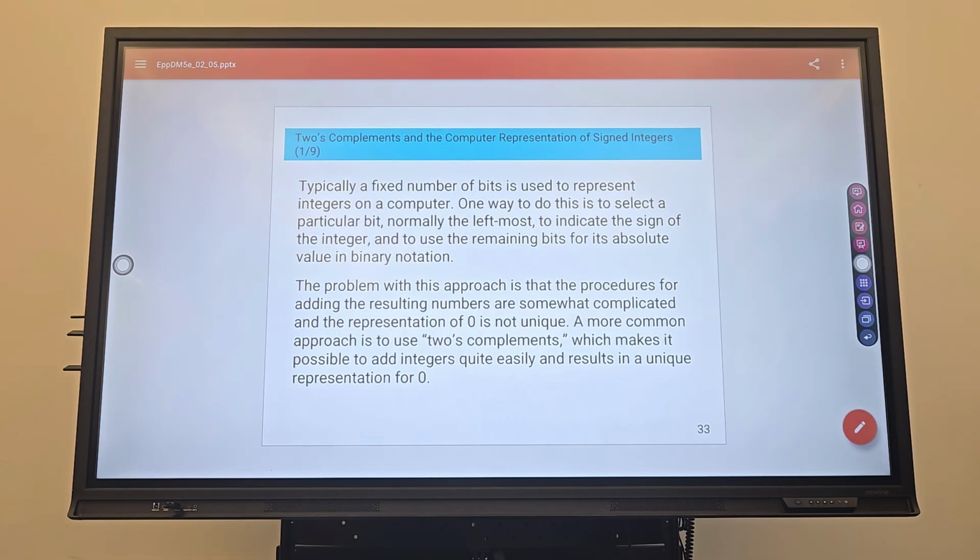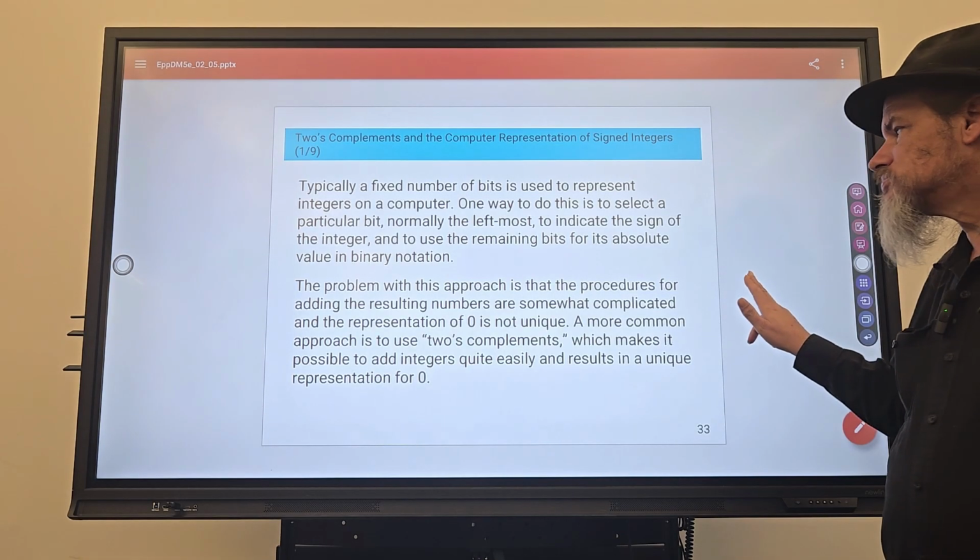The problem with this approach is that the procedures for adding the resulting numbers are somewhat complicated, and the representation of 0 is not unique. A more common approach is to use 2's complements, which makes it possible to add integers quite easily and results in a unique representation for 0.